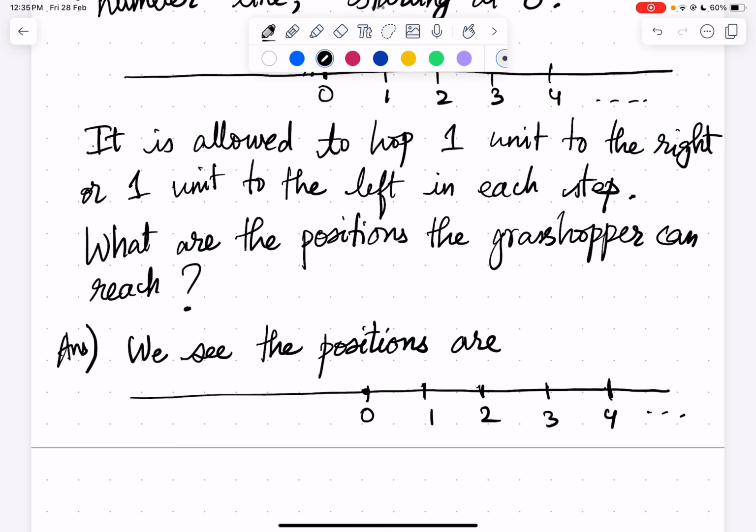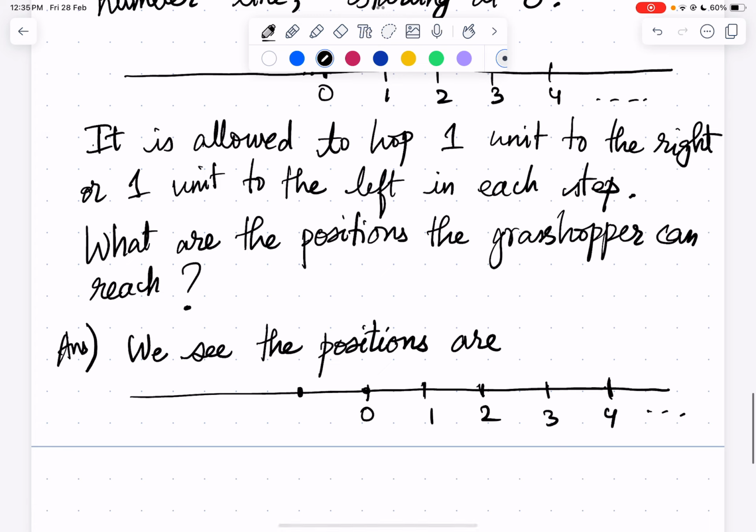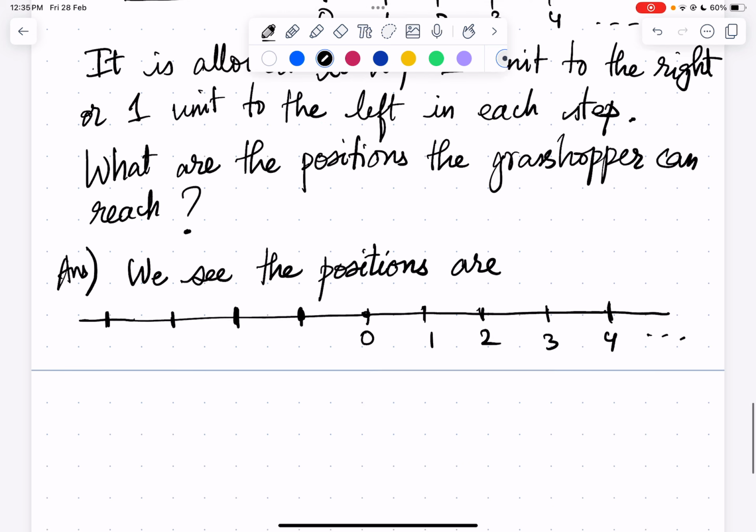It can also reach these points, which we have not labeled yet.